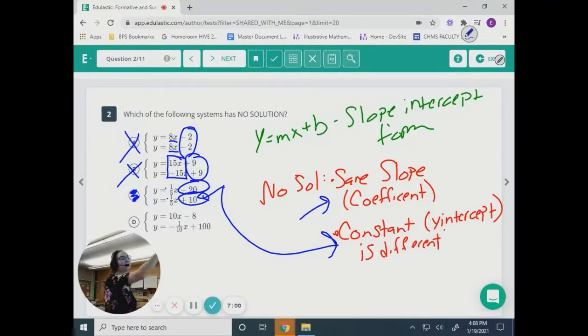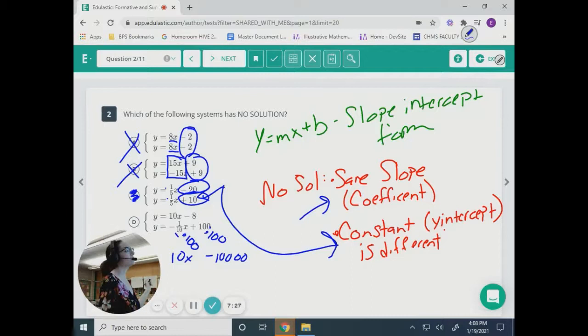Let's check this last one to make sure. Okay, so if we look at these guys here, I have a 10x and a 1/10 x. If I was to try to test it, I could say times 100 to get a 10x, and then that would be negative.